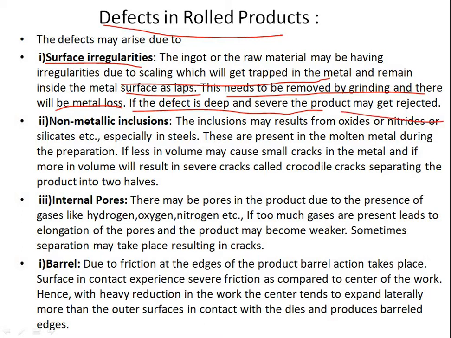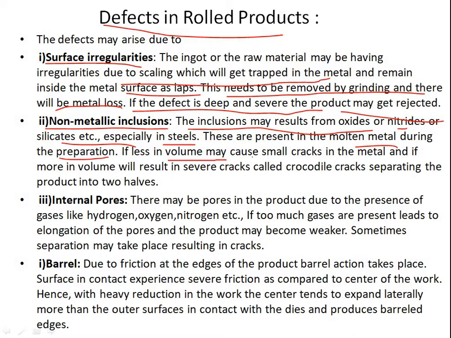Next one, the non-metallic inclusions. The inclusions may result from oxides or nitrides or silicates, etc., especially in steels. These are present in molten metal during the preparation.